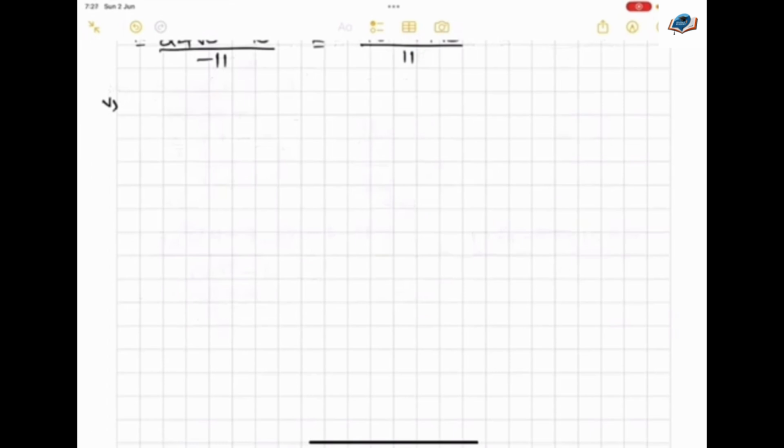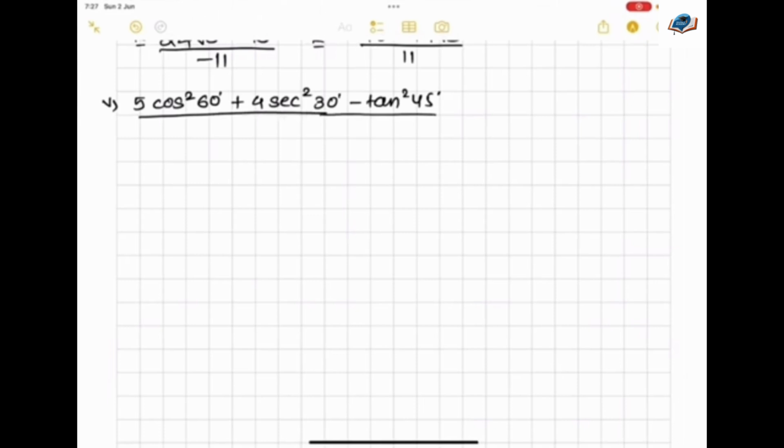Fifth one, pi cos square 60 degree plus 4 sec square 30 degree minus tan square 45 degree whole upon sin square 30 degree plus cos square 30 degree.